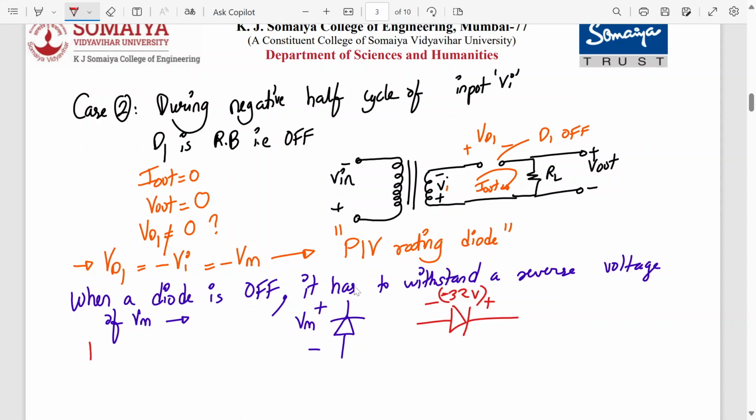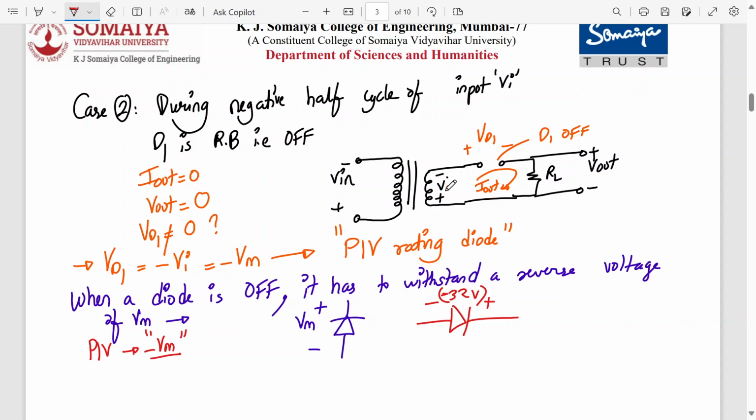So here the PIV rating of this diode is minus Vm. It can handle minus Vm voltages. Now imagine if you had not applied the transformer, you would have got over here minus 230 volt. Yes or no? Now because of the transformer, the AC voltage is stepped down from 230 to 23, let's say minus 32.